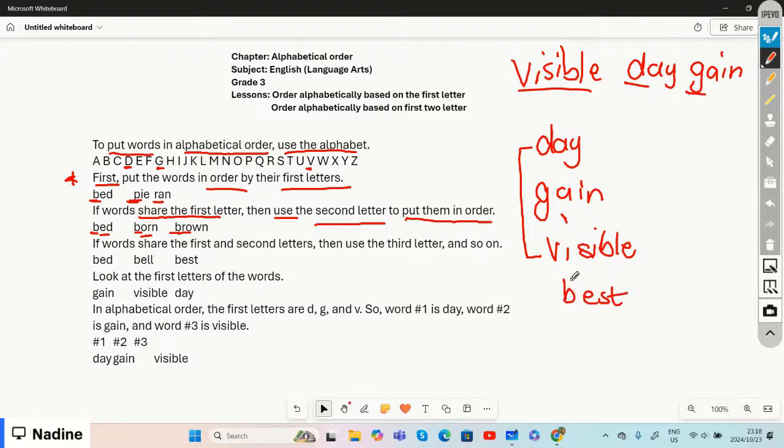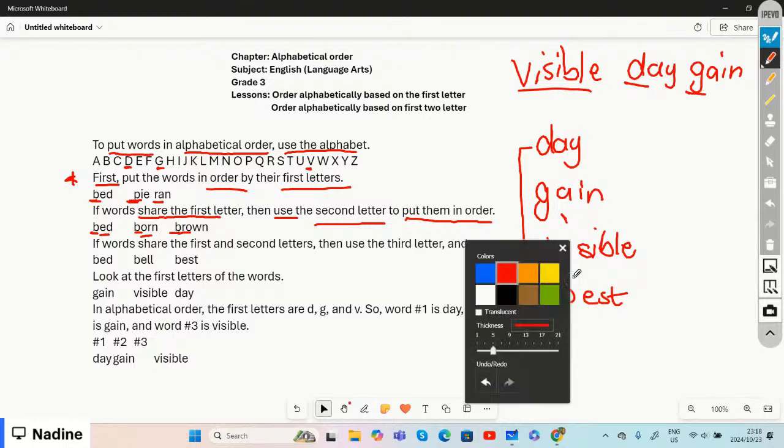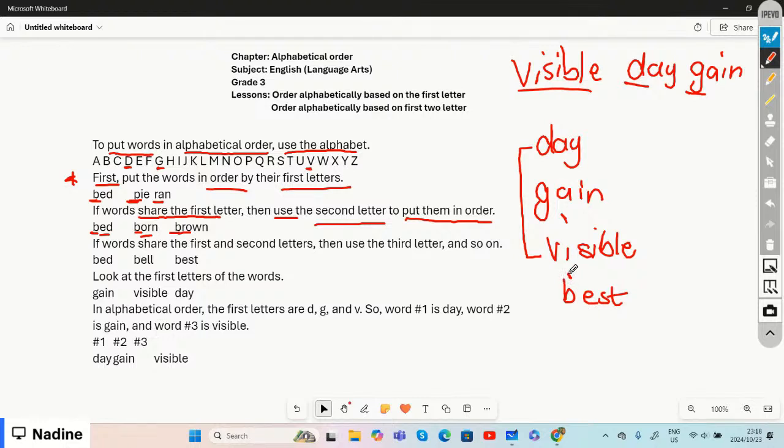we have best, we have brown, and the word that we still need to put in order is bed.